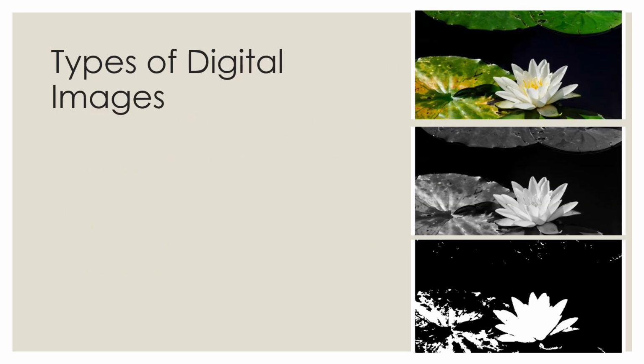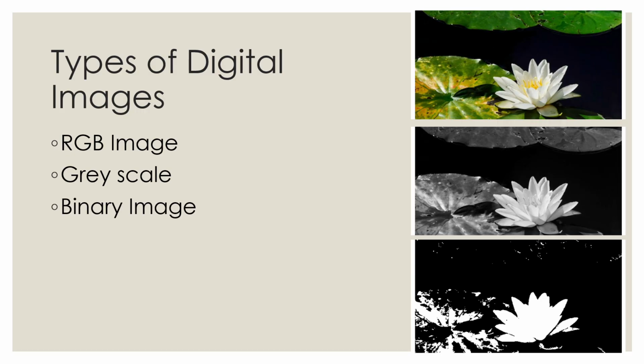Next we'll see what are the different types of digital images. On the side we could see three different images: a color image, a grayscale image and a binary image. Basically the images are divided into RGB image, grayscale image and binary image. In the RGB image, R represents red, G represents green and B represents blue.